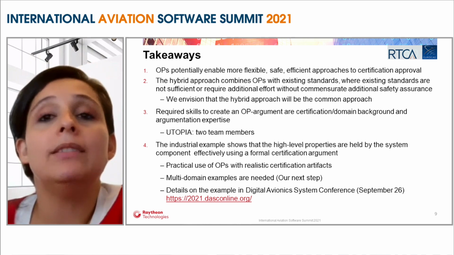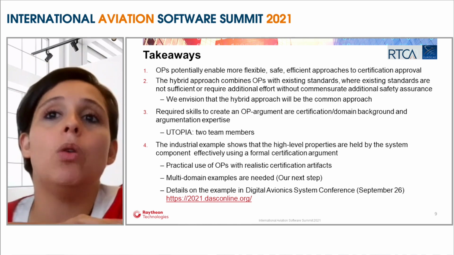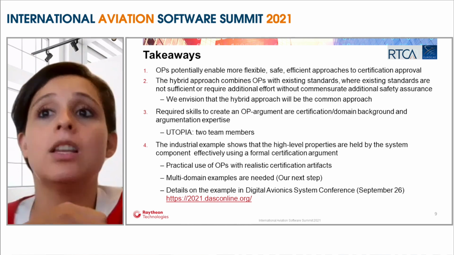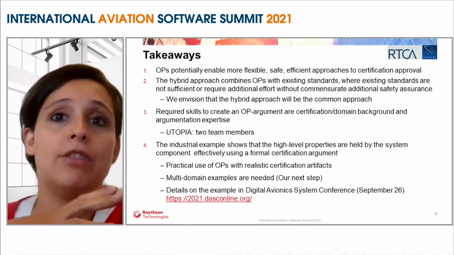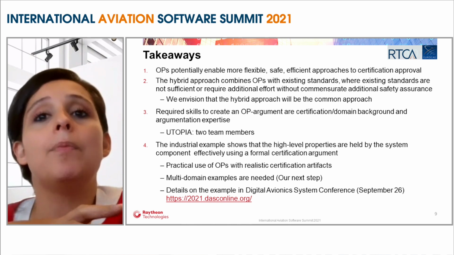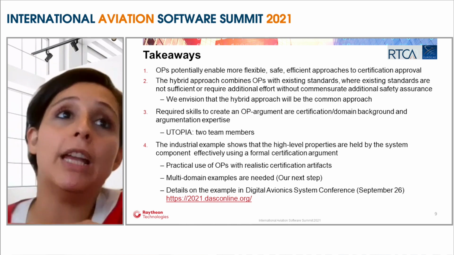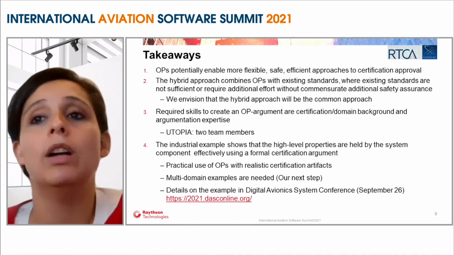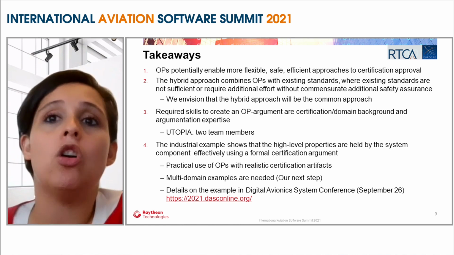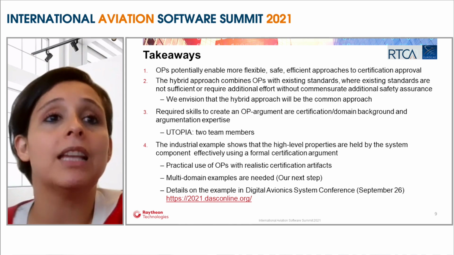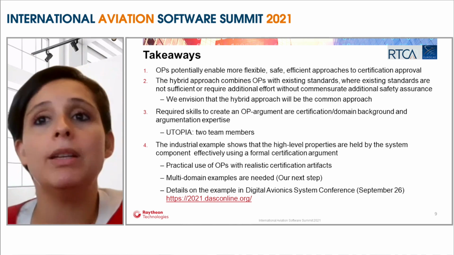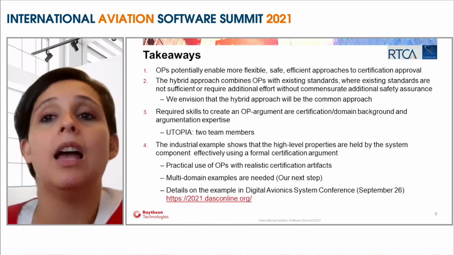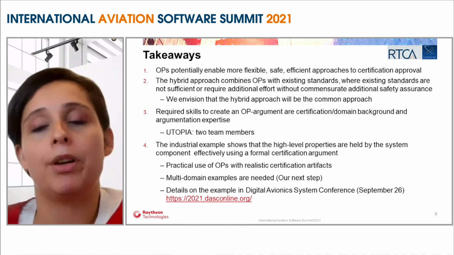So these industrial examples show how OPs can be used in a realistic setting with realistic artifacts in a realistic system. And also, if you are more interested in the entire argument of the onboard model, we are presenting the whole argument at the coming DAX conference, and you can find the paper in the IEEE libraries after September.